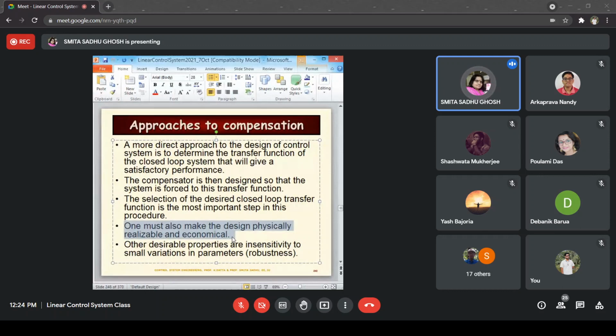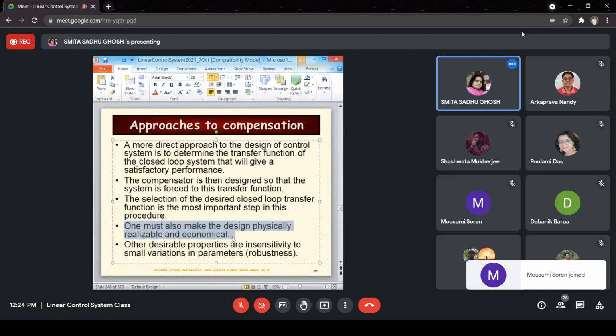One of the important aspects which is going to make the system physically realizable is that the transfer function should be either strictly proper or at least proper. Now, what is proper and strictly proper? What is the meaning of a proper system, or for that matter, a strictly proper transfer function?